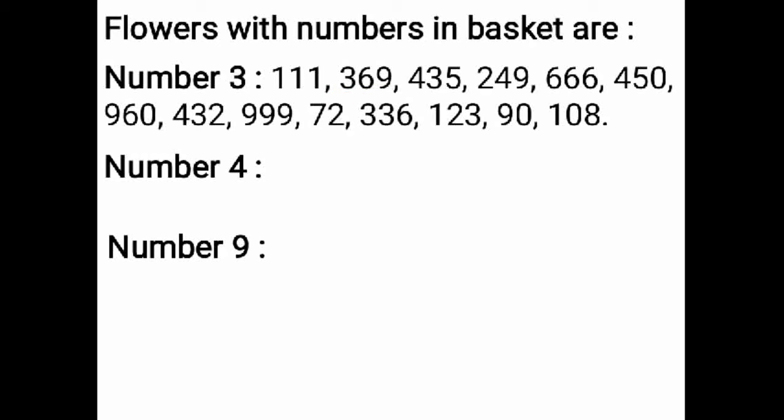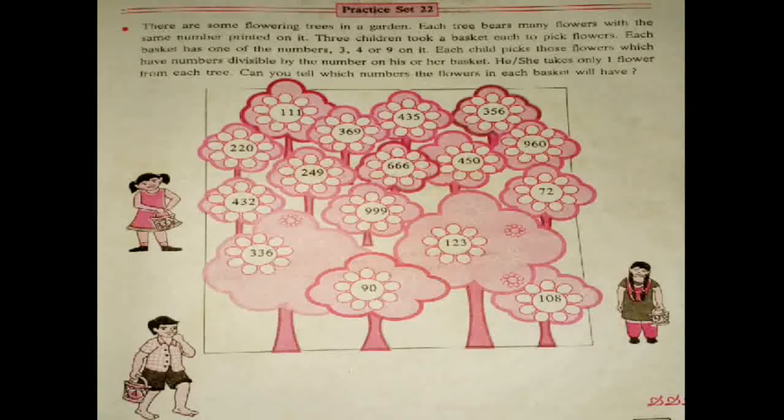In the test of divisibility of 3 for flowers with numbers, I taught you 2 examples. You have to follow that. Now you have to find numbers with flowers that are divisible by 4.